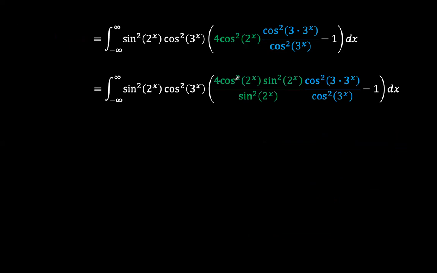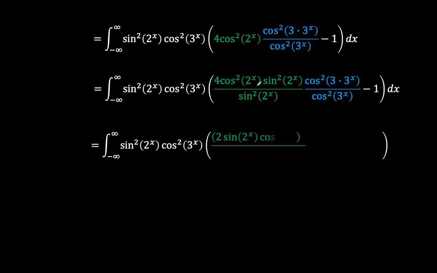Since sine 2x is 2 sine x cosine x, when you square that, it becomes 4 sine squared x cosine squared x, and we do the same with x being 2 to the power x.